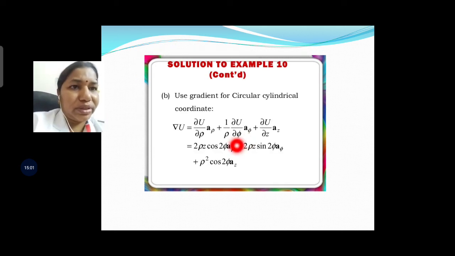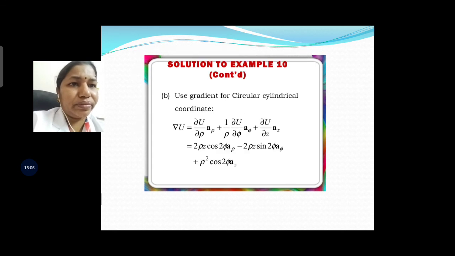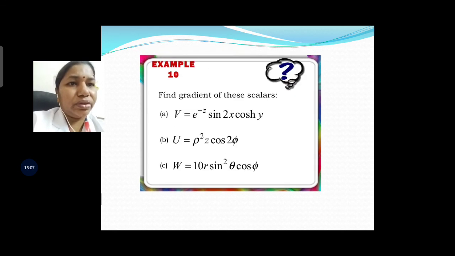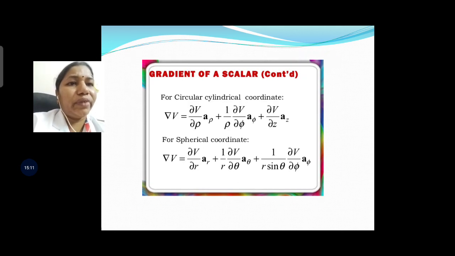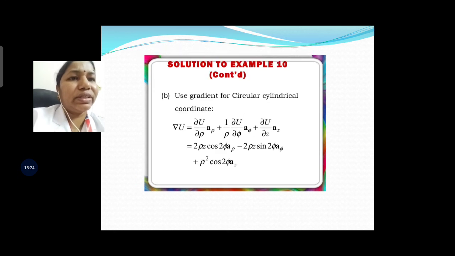So rho square z will be written as it is. Only cos 2 phi is differentiated. If you refer to this equation, we have 1 by rho dou V by dou phi. So one rho will get cancelled here.